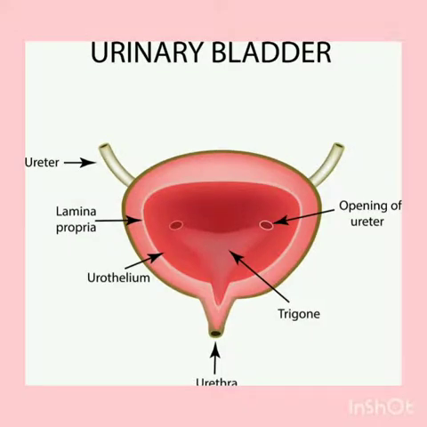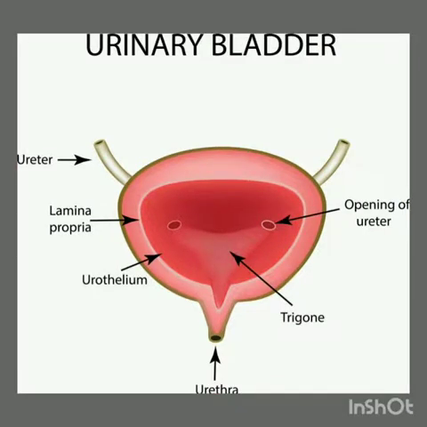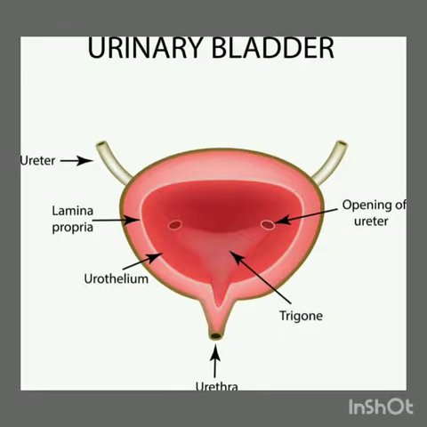The remaining urea, water and salt will be excreted out through the urine. Urea is an unwanted chemical substance which needs to be thrown out. So excess urea, water and salt will be excreted out in the form of urine. So urine is nothing but the filtered blood.